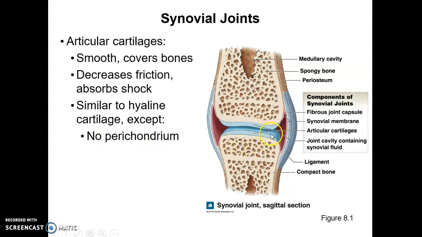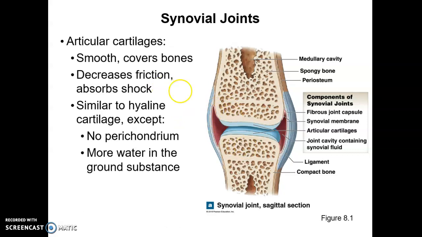It has no perichondrium surrounding the hyaline cartilage, but just think of it as articular hyaline cartilage. There's more water in the ground substance of this type of hyaline cartilage, which gives it a better shock absorption characteristic.